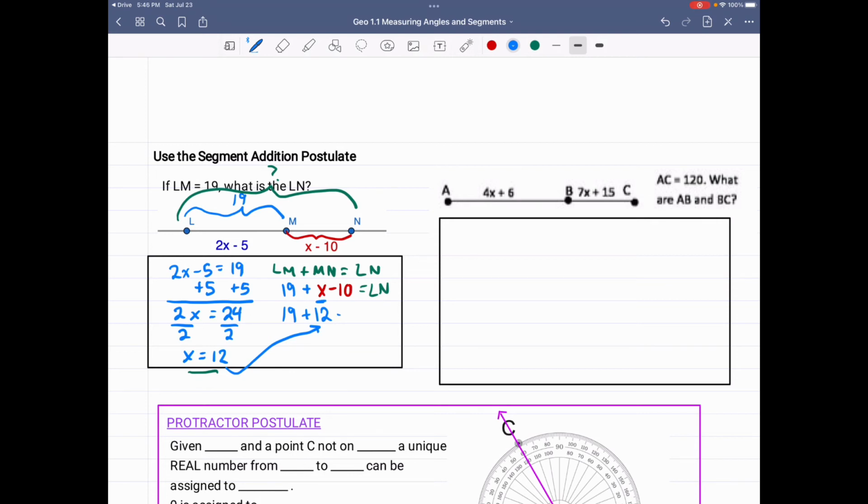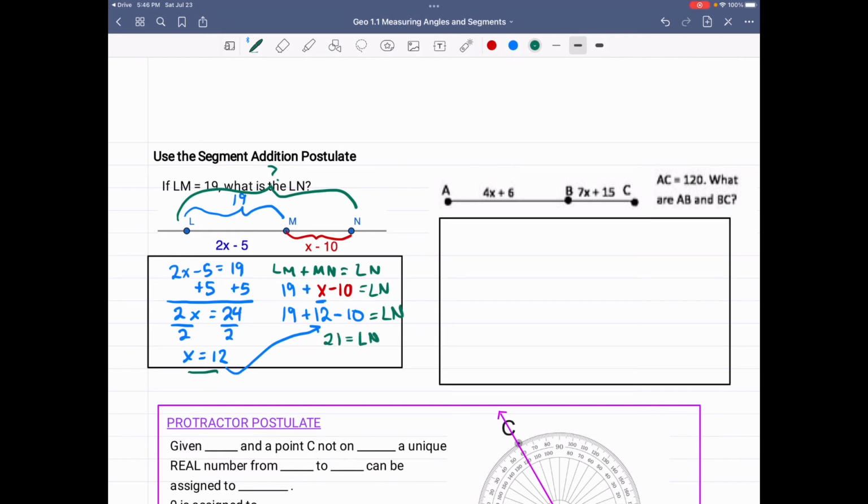And just bring down the minus 10 equals LN. Now we're just going to do this arithmetic. 19 plus 12, that is 31. 31 minus 10 is 21.